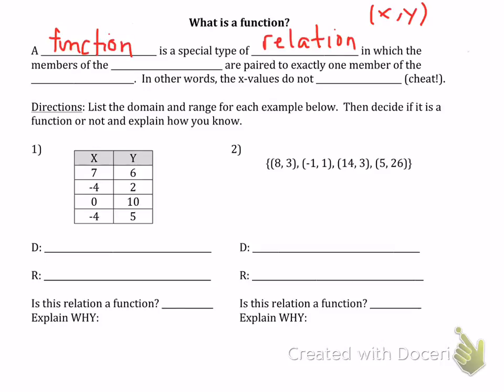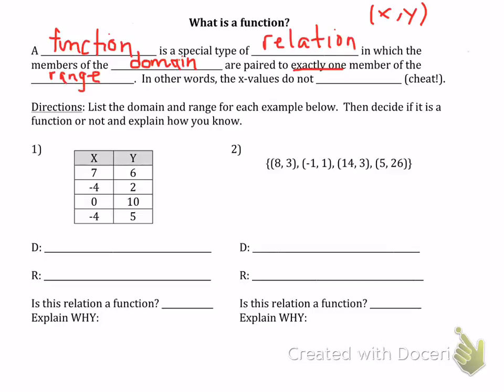It says it's a special type of relation in which the members, or the values of the domain. What are the domain values again? That's the x values, right? So in other words, the x values are paired to exactly one. Maybe you want to underline that. They're paired to exactly one member of the range.